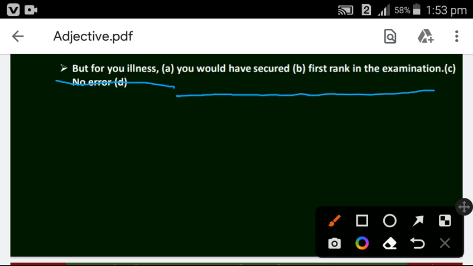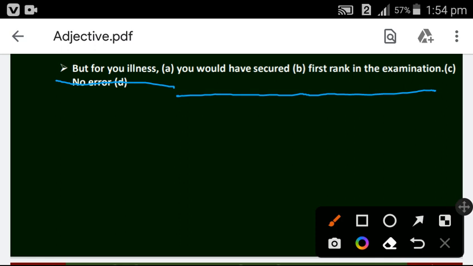First, try to solve it or find the error in the sentence, and then play the video. I hope you all tried it yourself, and let's find the error together.